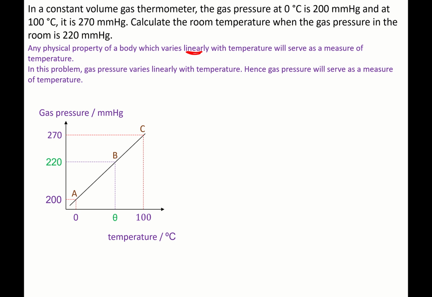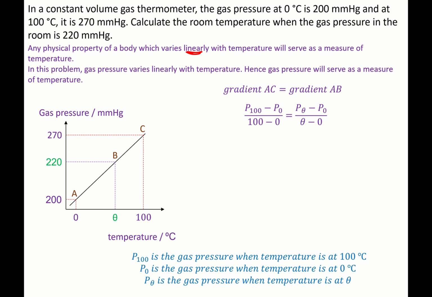And go back to the very basics. Gradient AC equals gradient AB. And gradient AC will be (P100 minus P0) over (100 minus 0) equals (P theta minus P0) over (theta minus 0). And this is where P100 is the gas pressure when the temperature is 100 degrees Celsius.